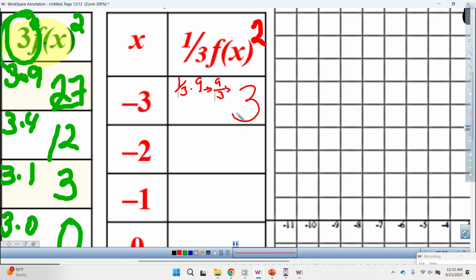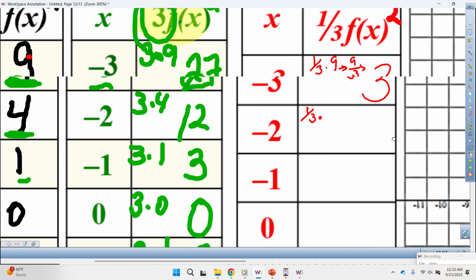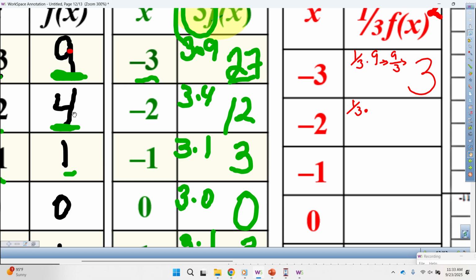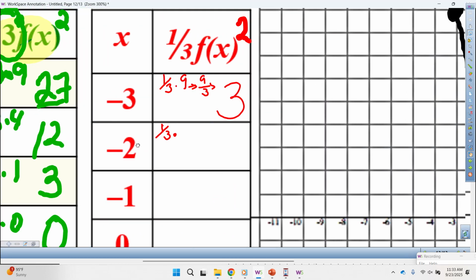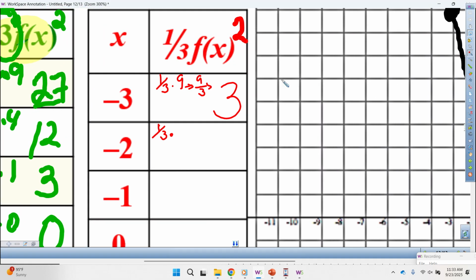Are we there so far? Next one. 1/3 times, what was the original f of x squared? The original was a 4. So, times 4 becomes 4/3.